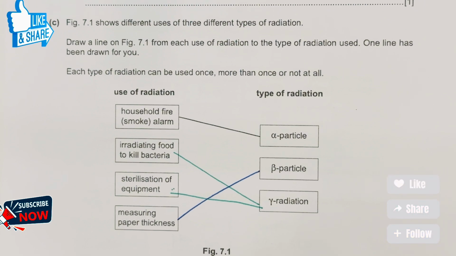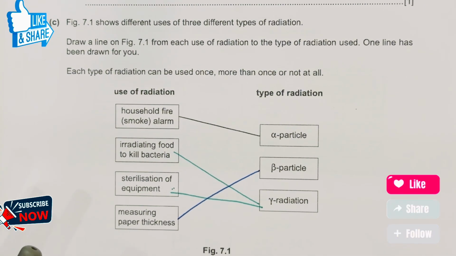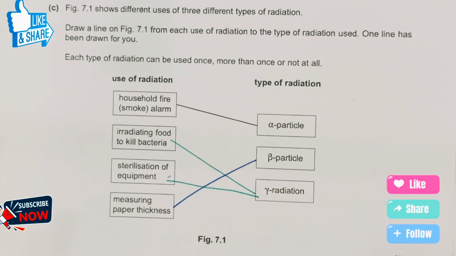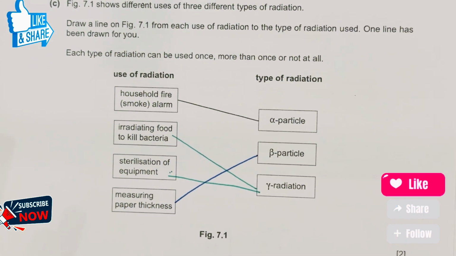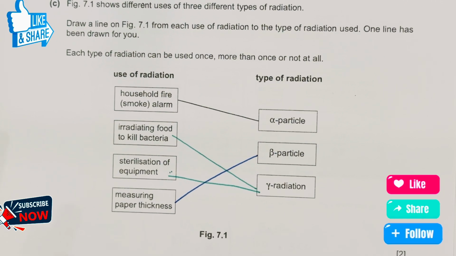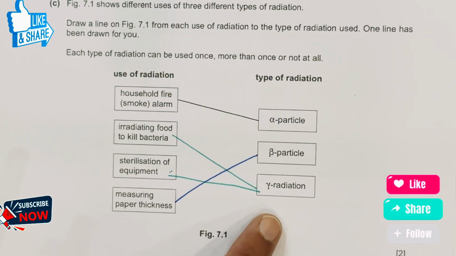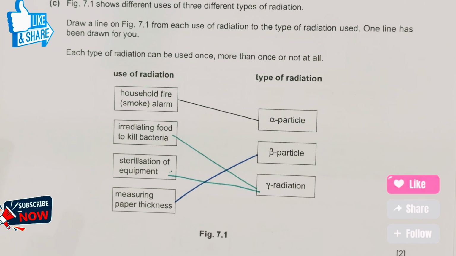One line has been drawn for you. Each type of radiation can be used once, more than once, or not at all. So you can see that the household use is alpha particles, for beta particles you can see measuring paper thickness, and for gamma radiation, irradiating food to kill bacteria and sterilization of equipment.